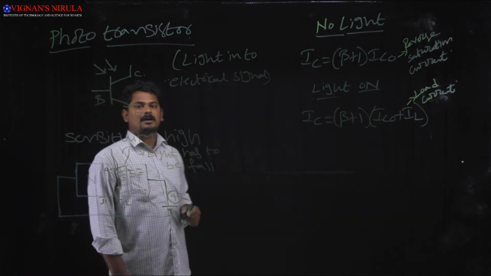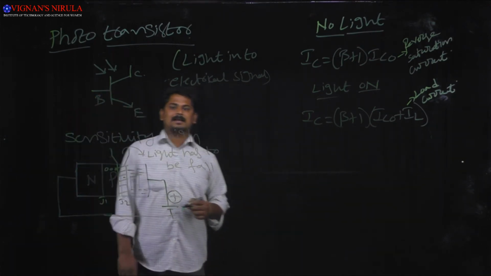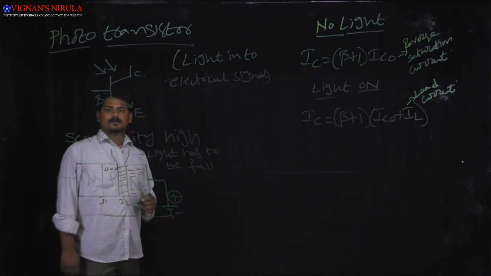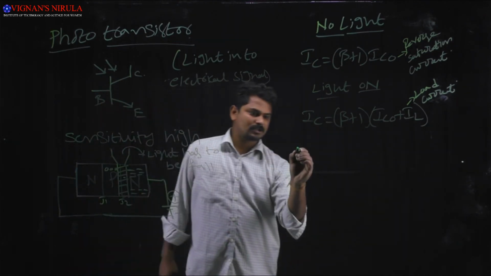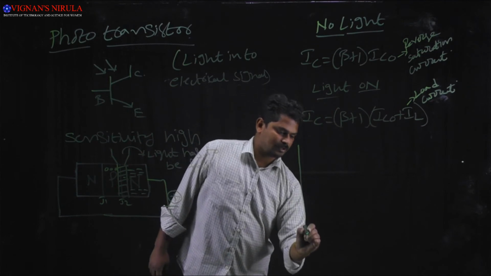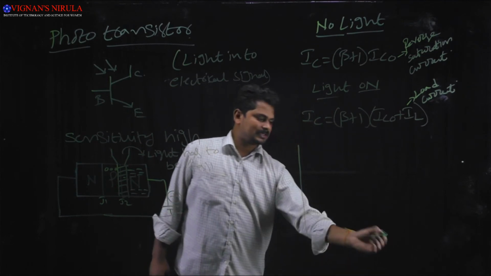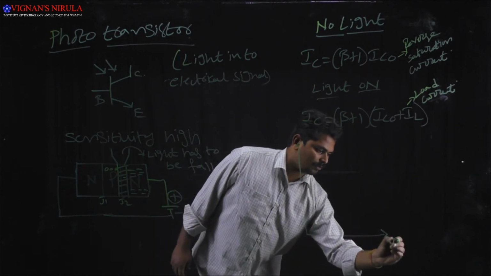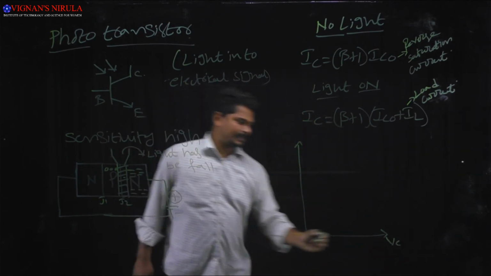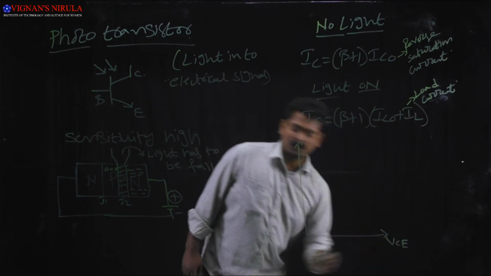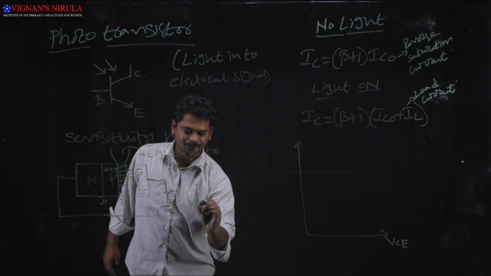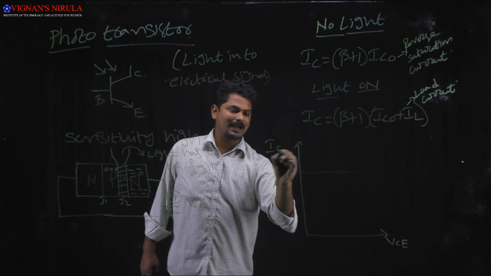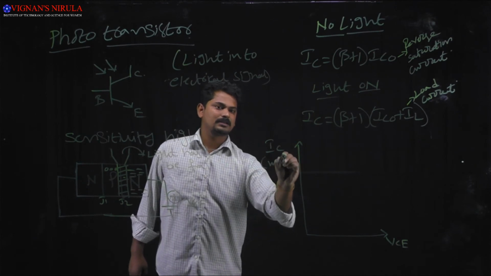Now if you observe the characteristics of your phototransistor, it will be like this. This is the input and output. This is VCE, the voltage across your emitter and collector, and this is the current IC in milliamperes.